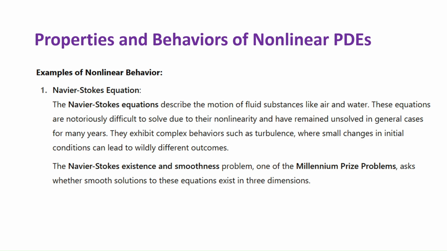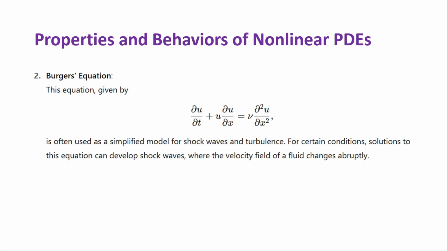They exhibit complex behaviors such as turbulence, where small changes in initial conditions can lead to widely different outcomes. The Navier-Stokes existence and smoothness problem, one of the Millennium Prize problems, asks whether smooth solutions to these equations exist in three dimensions.